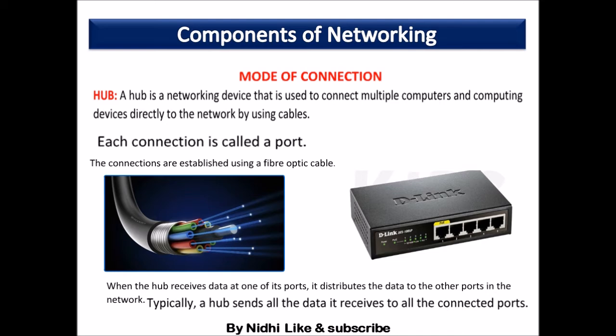When the hub receives data at one of its ports, it distributes the same data to the other ports. Like, we are connecting multiple computers. If a sender is sending something, that data is transmitted to all the receiving nodes connected with that hub. So we can say a hub sends all the data it receives to all the connected ports.